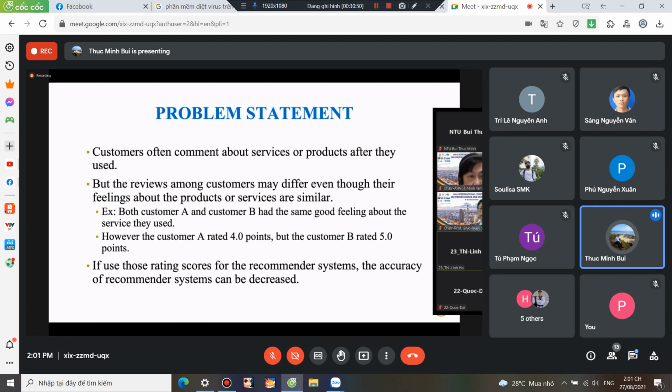For example, both customer A and customer B had the same good feeling about the service. However, customer A rated 4 points, but customer B rated 5 points. If we use those rating scores for the recommender system, the accuracy of the recommender system can decrease.